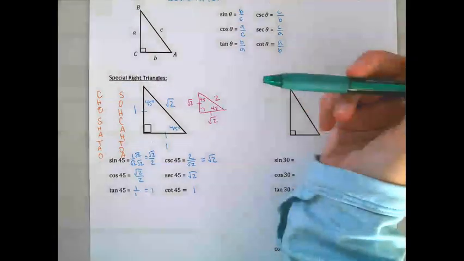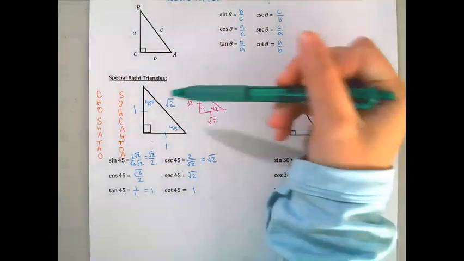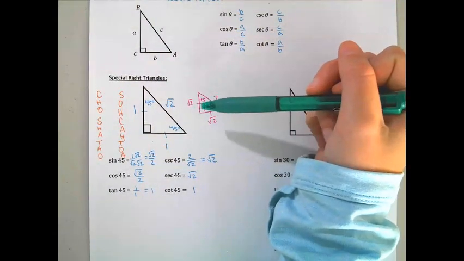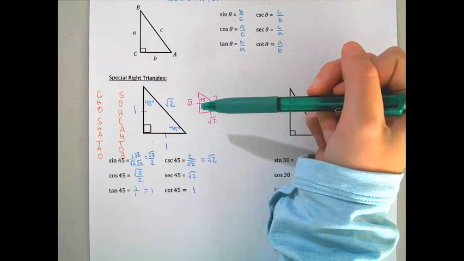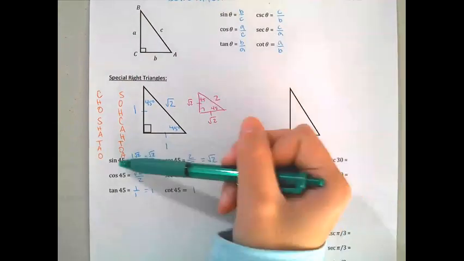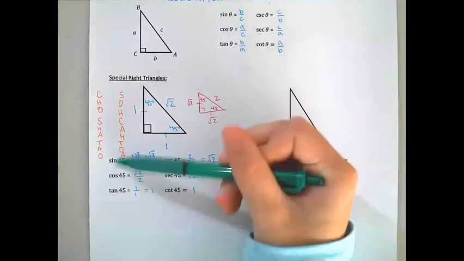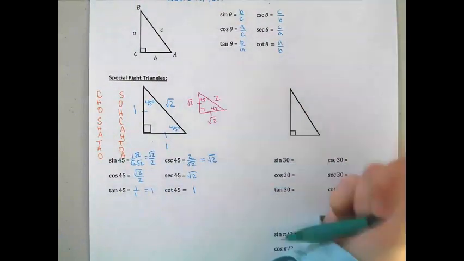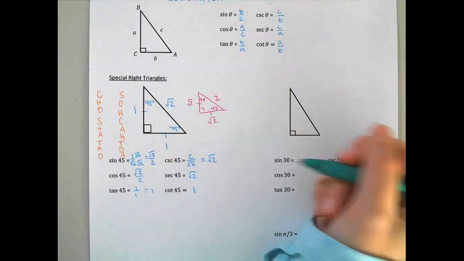Before we continue onward, it's worth noting that you are actually also going to have to know these special right triangles as if you were given them in radians. So these are all degrees, and I probably should have put the degree sign on them. I really should have, but you need to know these exact trig values.